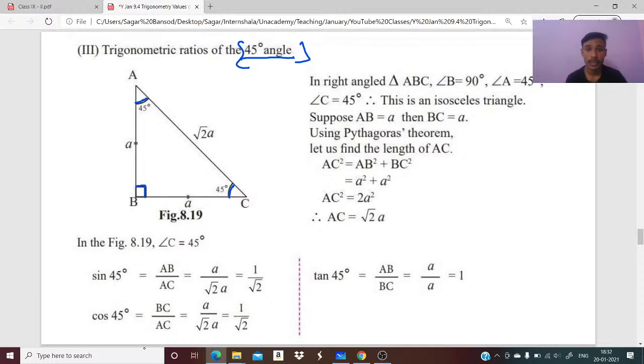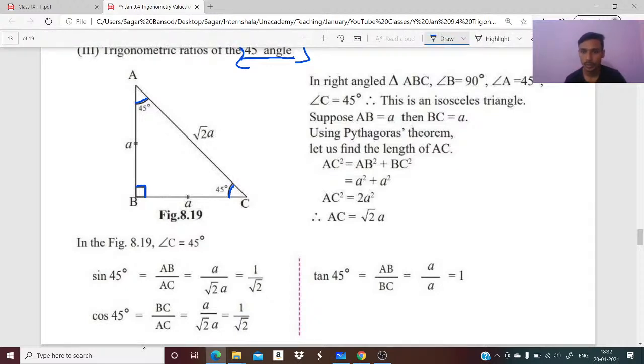I hope you are already aware that in your chapter triangles, you have the 45 degree angle triangle theorem, which says that your BC and AB are 1 by root 2 times your hypotenuse, that is AC.